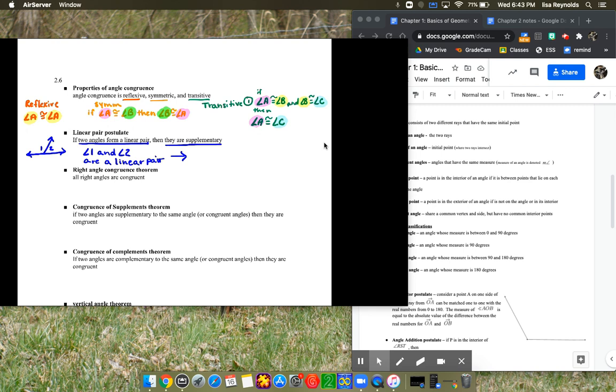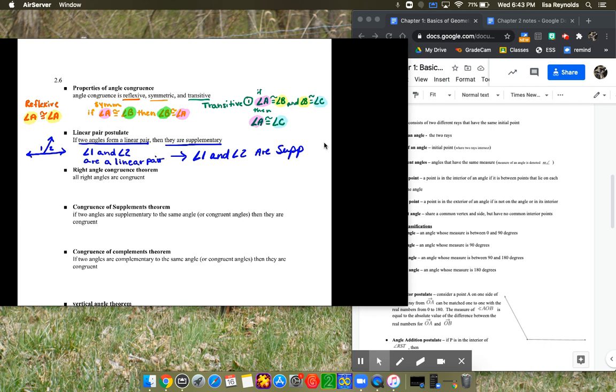So whichever two angles are shown in our picture as a linear pair, or that we've been told are a linear pair, we can now say that those angles are supplementary. So if I see or am told that I have a linear pair, then that pair of angles are supplementary.